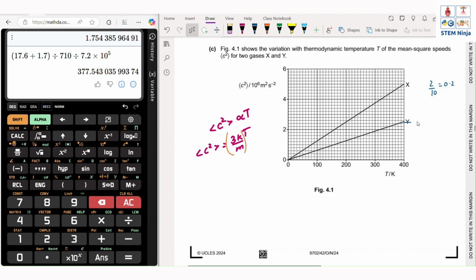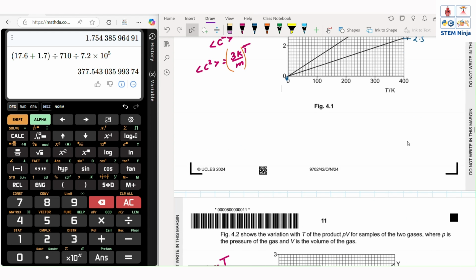So this is 2.5 and this is 5. We can see that the gradient of x is double the gradient of y. We don't actually need the full values; 5 divided by 400, 2.5 divided by 400, because this is 0, 0.